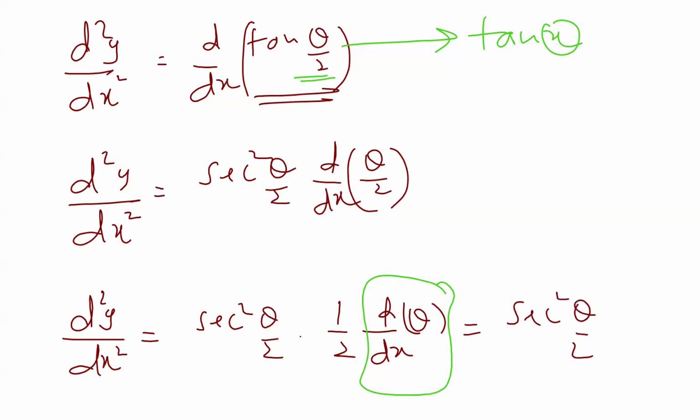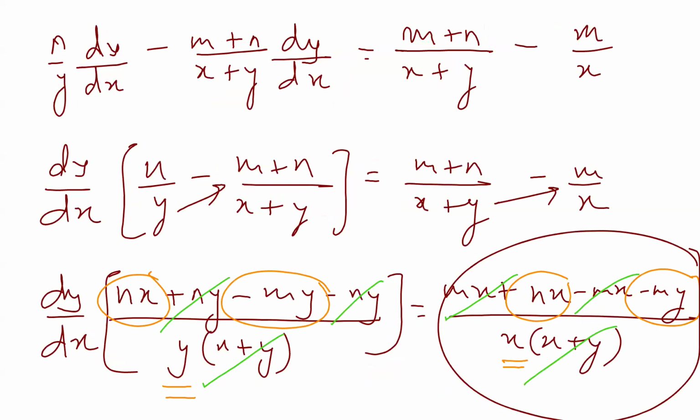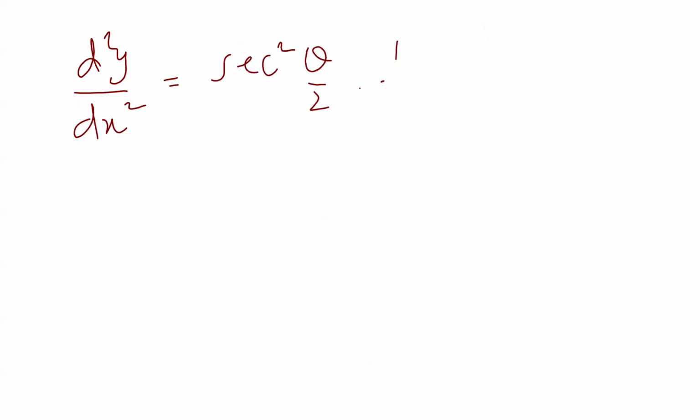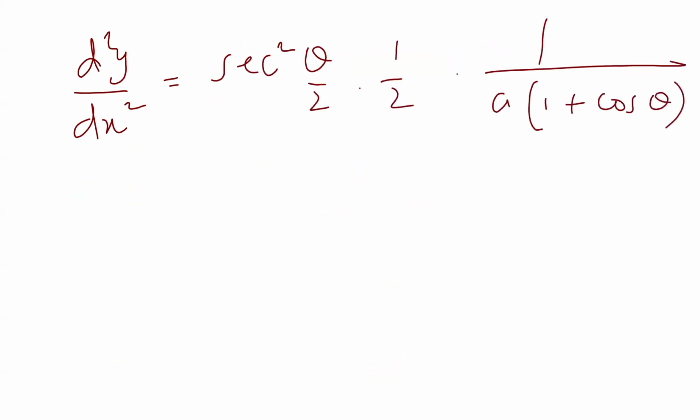I'll just write this on the next page. So d square y by dx square is sec square theta by 2 into half into 1 upon a times 1 plus cos theta.